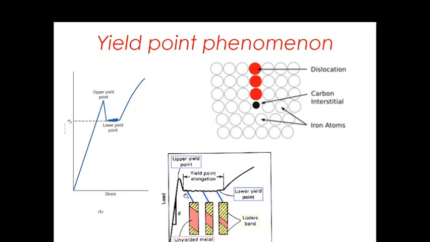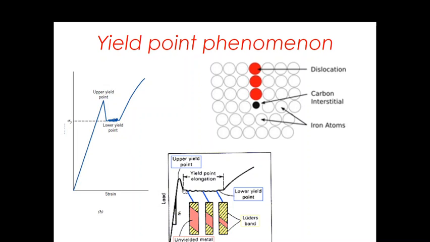As you can see here, exactly at the lower yield point, some bands are forming over the tensile sample at 45 degrees to the tensile axis, and these bands we call Luders bands. Each jog corresponds to the formation of a new Luders band.